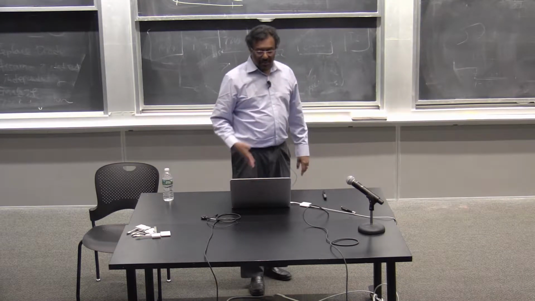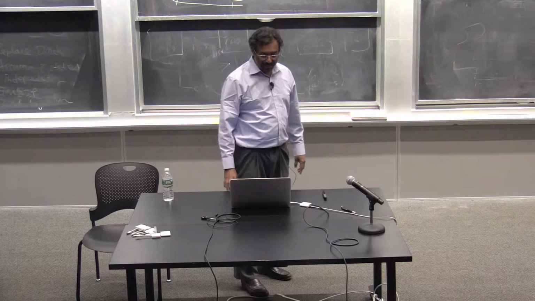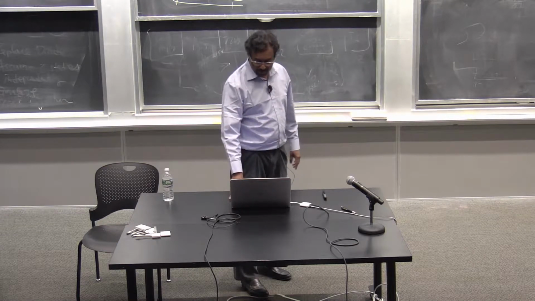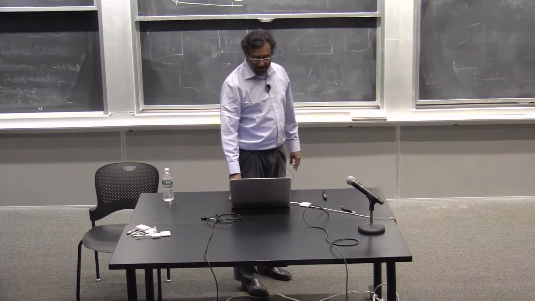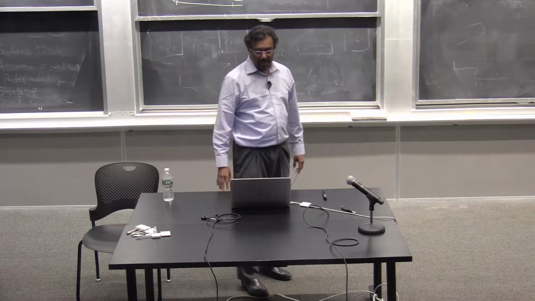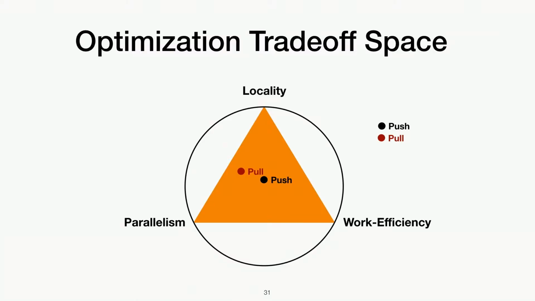So certain algorithms will fit in different places in this trade-off space. So a push algorithm will fit in here. If you go to something like a pull algorithm, you might find you are less work efficient because you might do a little bit more work, but it might be better in locality and parallelism because you don't have to do locks. And then if you do something like partitioning, you get really good locality, but you're doing extra work.